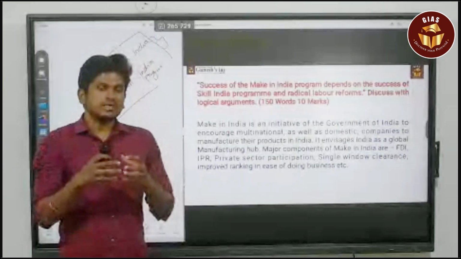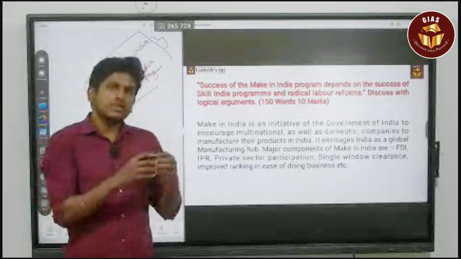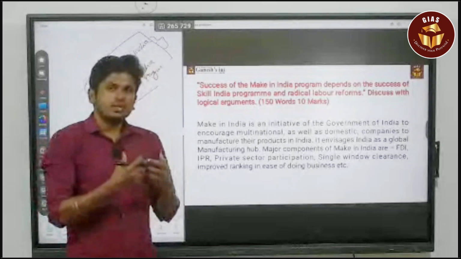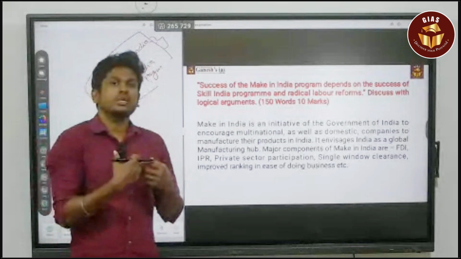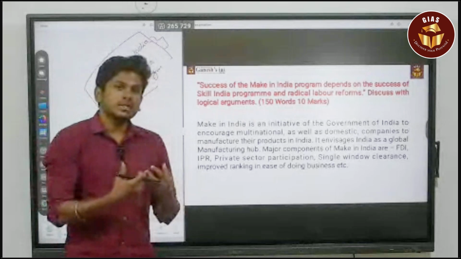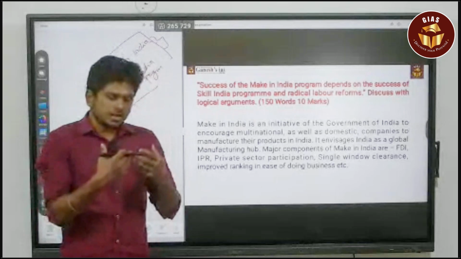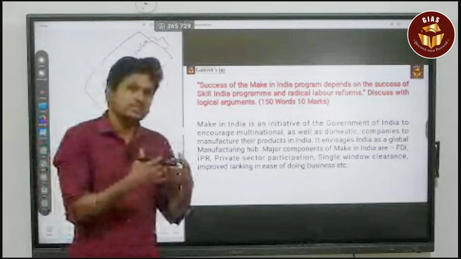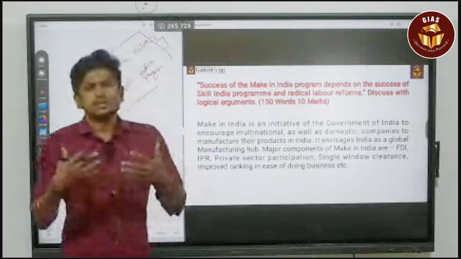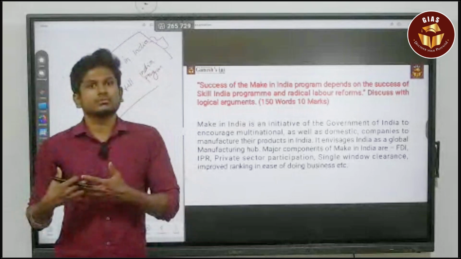Different kinds of industries need different skill sets. We need to focus on those skill sets and provide them to India's population. That way, we can make India's population a skilled workforce. The success of the skilled workforce will lead to the success of the Make in India program.